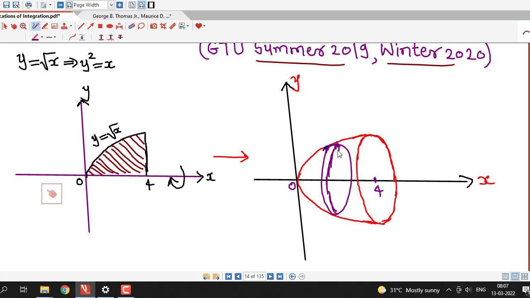The radius is going to be the distance between this axis of revolution and this curve. Radius is the distance between the x-axis, which is the axis of rotation, and this point, and this distance is y. And we have to consider this type of cross section starting from x equal to 0 to x equal to 4, and it is clear that the radius of this circular disc is y and thickness is delta x.